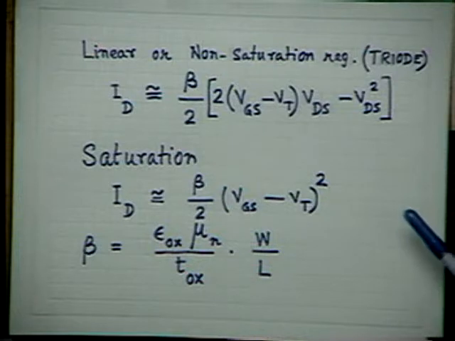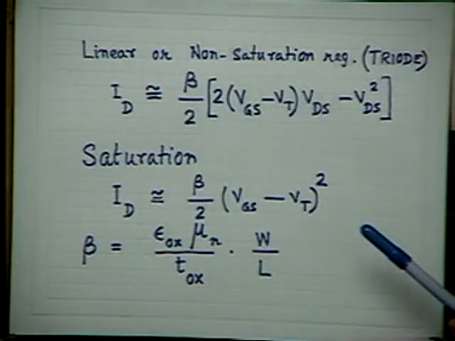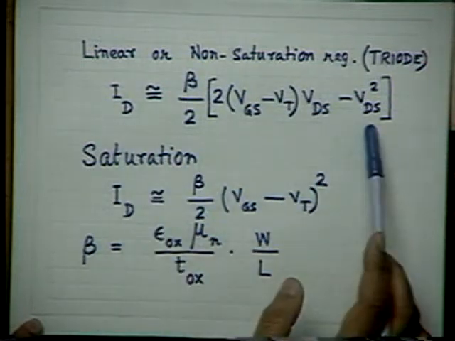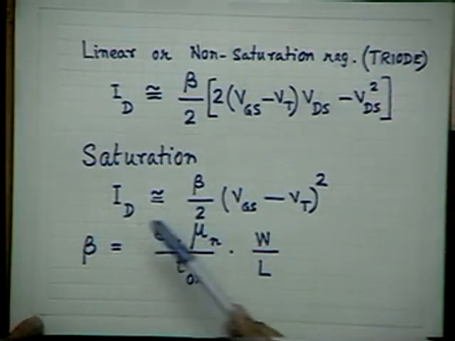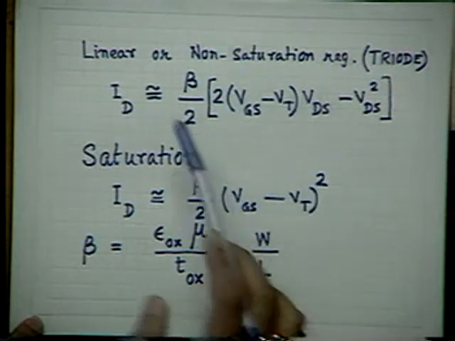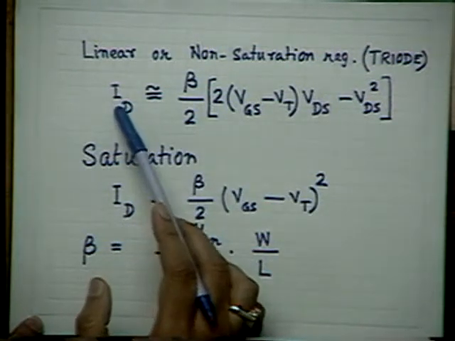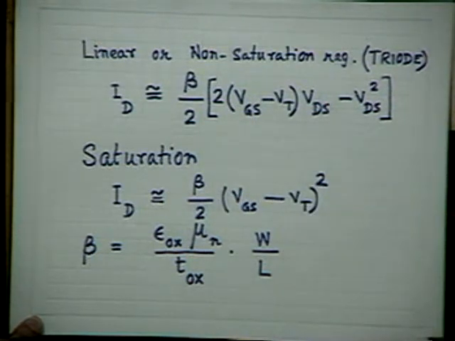And you can define from this relationship, for example, the self-conductance of the channel, which is delta ID by delta VDS with VGS constant. You can define transconductance or mutual conductance, which is delta ID divided by delta VGS with VDS constant.